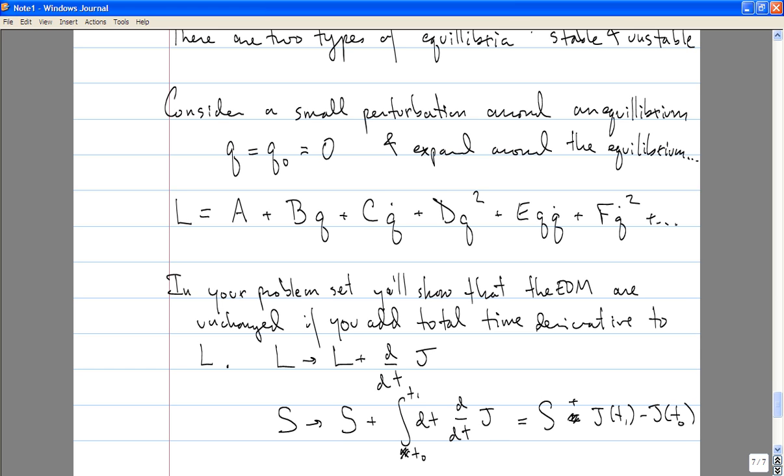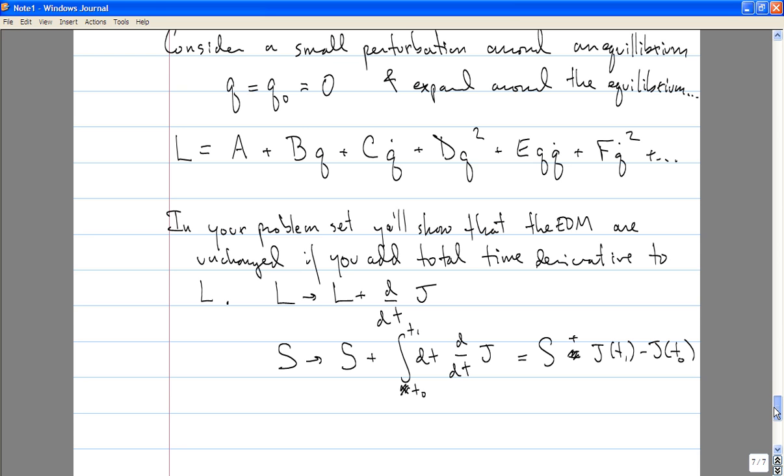This argument that I have given you is a slick one. I will ask you to verify this directly by writing down Euler-Lagrange equations in the problem set, which is due Monday. But what it means is that if I consider my small perturbation around an equilibrium point at q equal to 0, then I can ignore all of the terms which are total time derivatives.